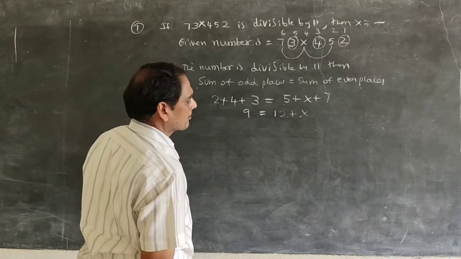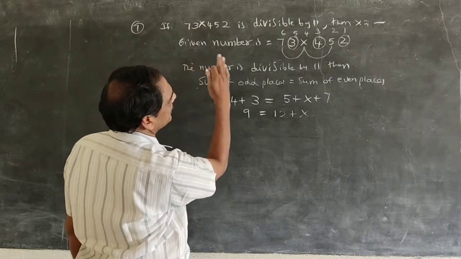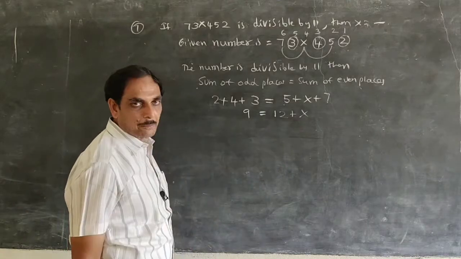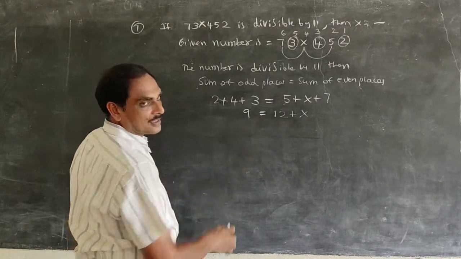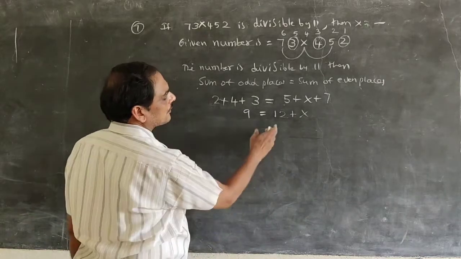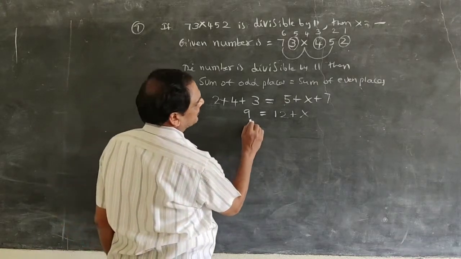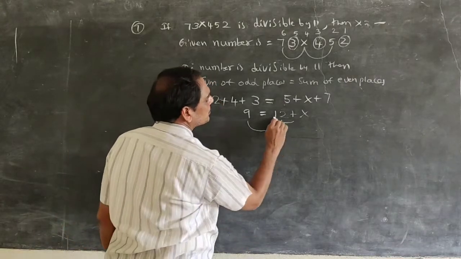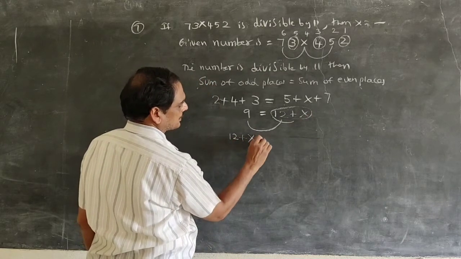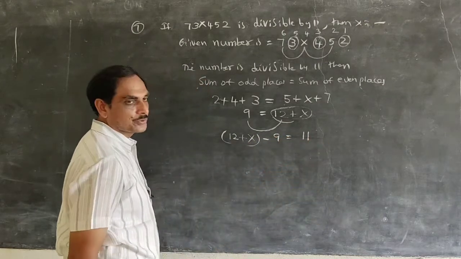Now, if this number is divisible by 11, then x equals dash. Here this is not possible, since these two numbers are not equal when we substitute any positive number for x. So the difference between them should be a multiple of 11. To find the difference, 12 plus x minus 9, we equate it to 11.